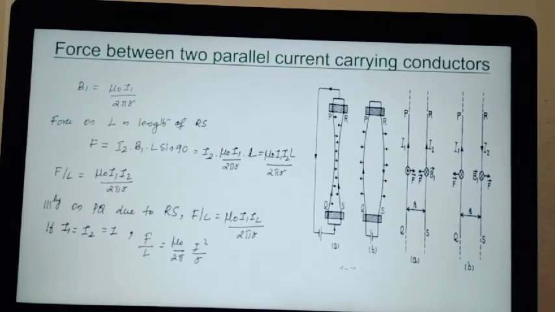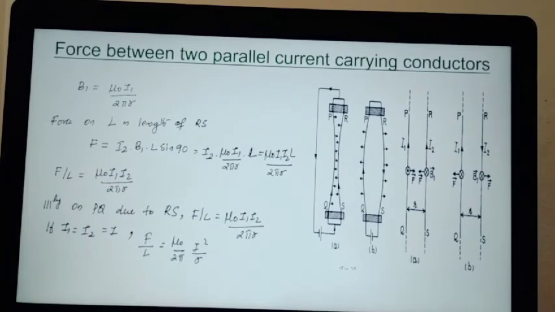What it says? It says both the conductors are experiencing the same force per unit length. Remember the direction of force on PQ is towards RS.